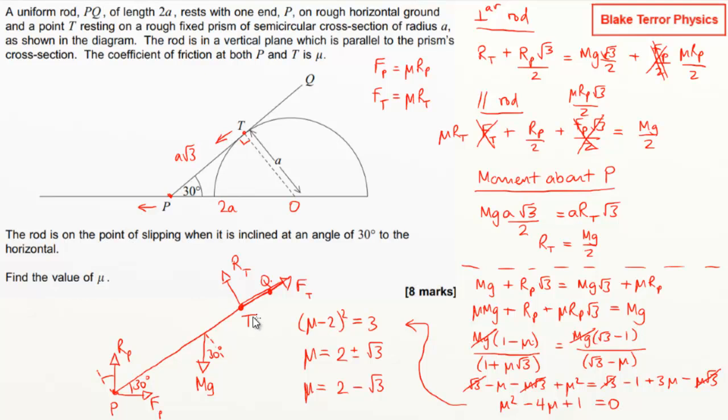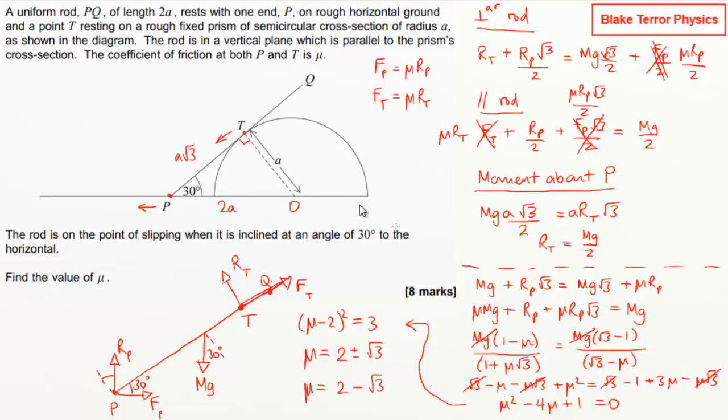The key thing is that you're taking a moment either around P or T, because then it's eliminating one of your unknowns, either the RT or the RP. But it doesn't matter which one you pick. Again, as long as your algebra is good enough, then it won't make any difference. It's probably quicker to have done it with a moment about P, but there's not really going to be that much of a difference.